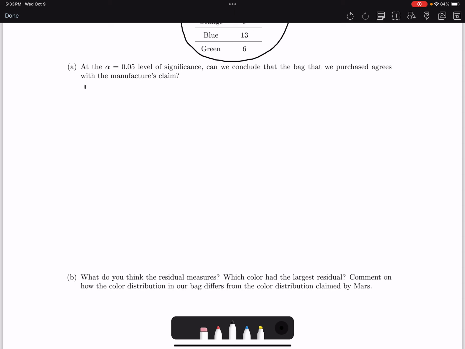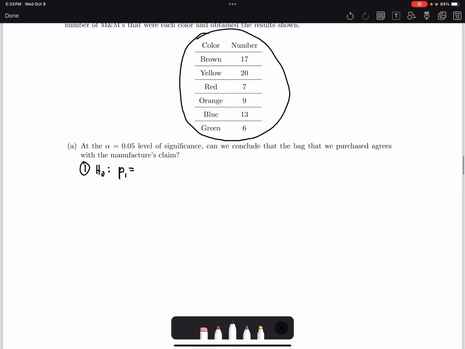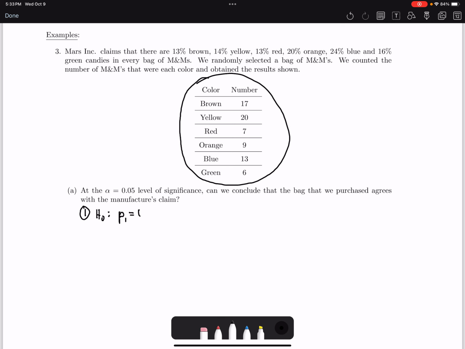Well, that is the null hypothesis in a goodness of fit test, right? That the proportions match, right? That P1 equals 13%, P2 equals 14%, and so forth. We've been through this already.